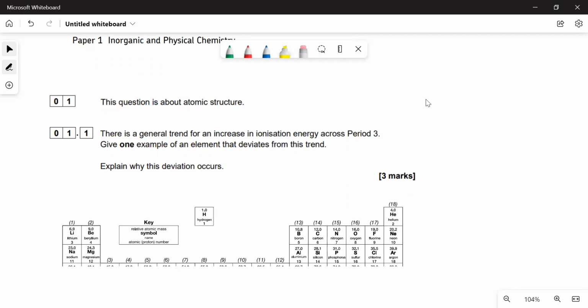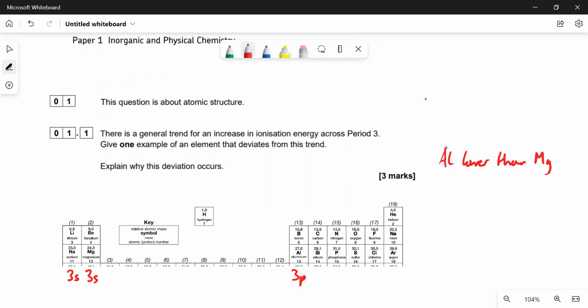So the first electron is coming from 3s there. That's from 3s. From aluminium, it's coming from 3p. Now that's a new subshell. So the first ionization energy of aluminium is slightly lower than magnesium's.